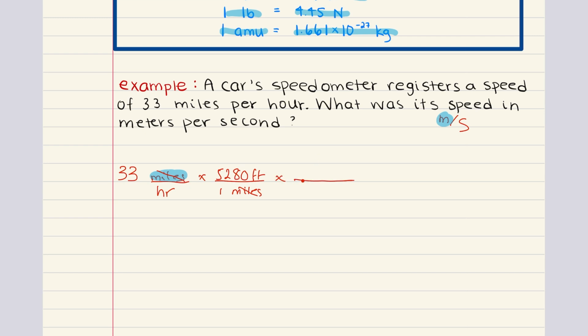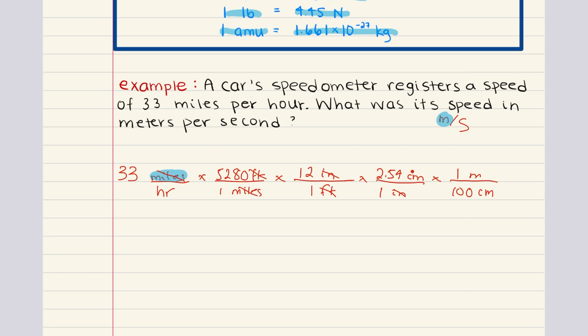We know that 1 foot is equal to 12 inches. So now we can cancel out feet and we're left with units of inches. 1 inch is equal to 2.54 centimeter. Inches cancel out, we're left with centimeters. And now we can use our metric prefixes to convert from centimeters to meters. 1 meter is equal to 100 centimeters.